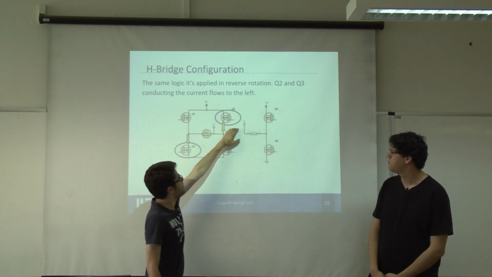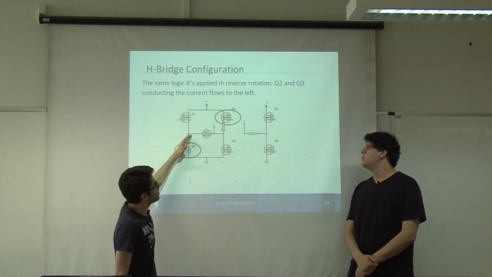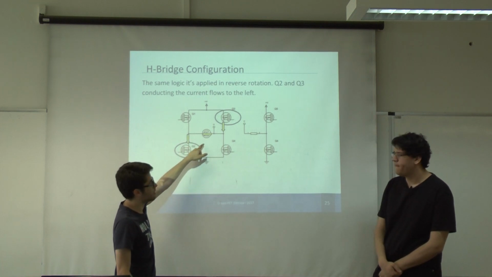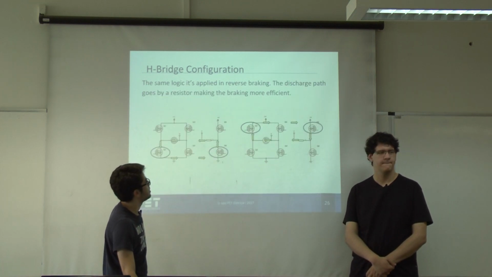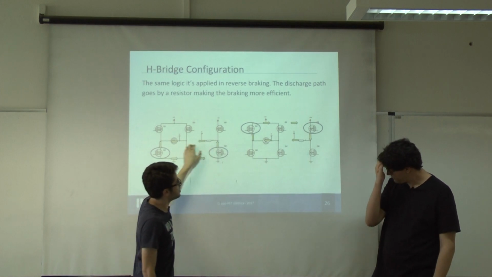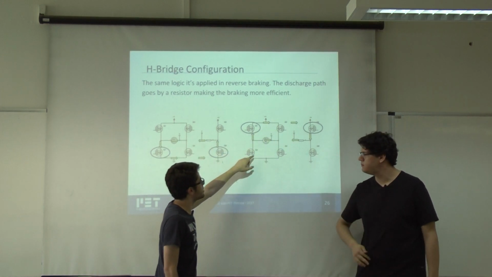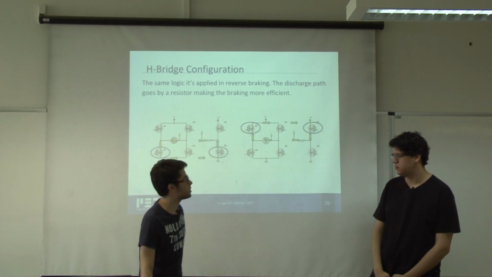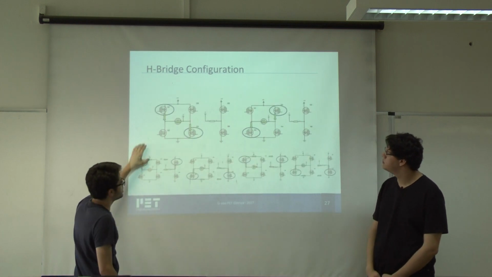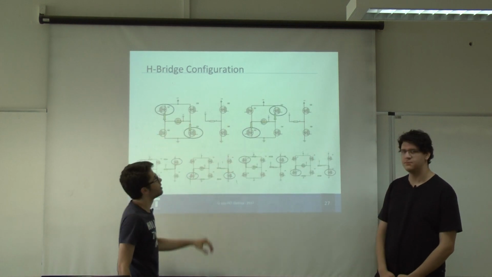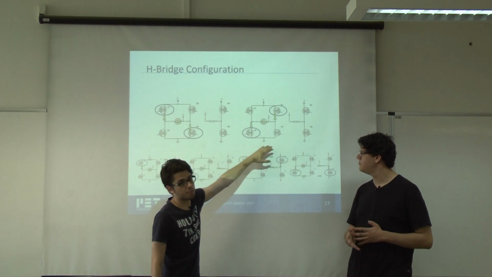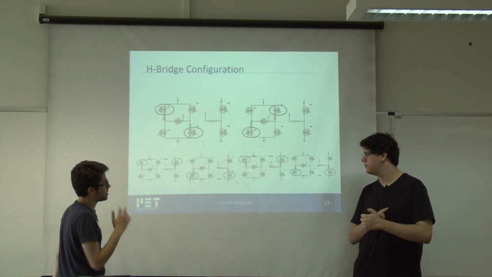So this is the other way that we can operate the motor. And you can brake in the same way, but the currents will always be in the opposite direction. So here are all the options that you have for each type of action.